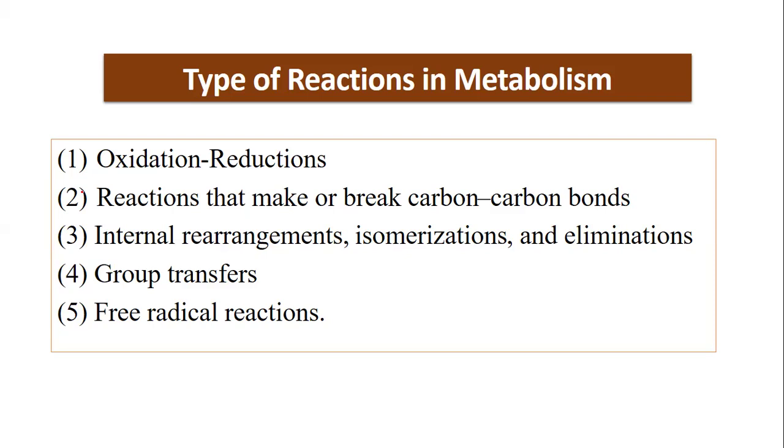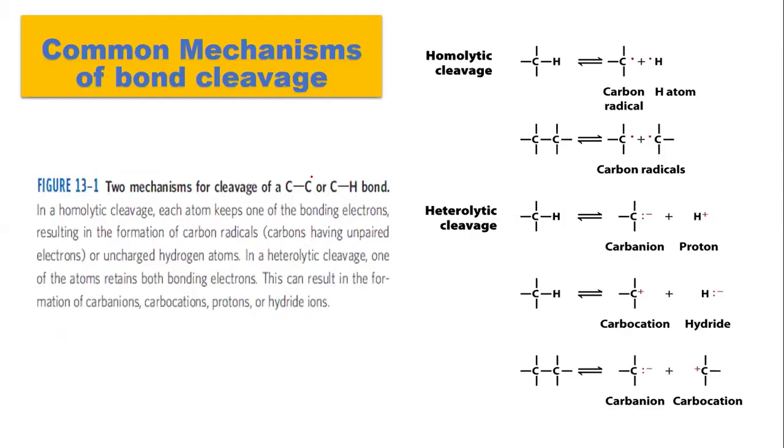The first one is the reactions that make or break carbon-carbon bonds. There are two different mechanisms through which carbon breaks its bond with the next carbon or with hydrogen. For breaking and for making bonds with carbon and hydrogen, these two principles are applicable. The first mechanism of bond cleavage is homolytic cleavage.